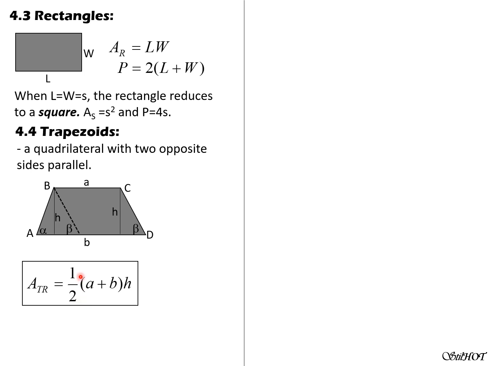So combining, that's why we have 1/2 of quantity A plus B times H, where 1/2 of A plus B is the length of the median. That is the length of the line segment joining the midpoints of the non-parallel sides. And the length of that is the average of these parallel sides. So we interpret this area of trapezoid as the median times altitude.